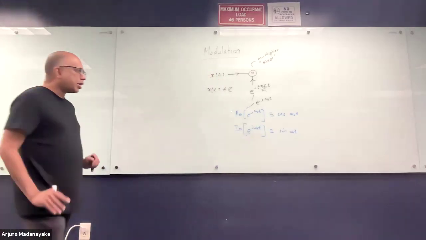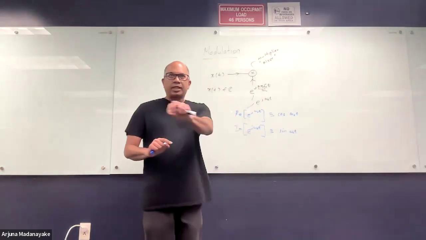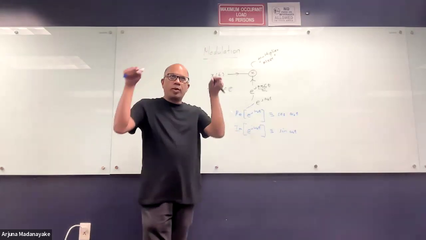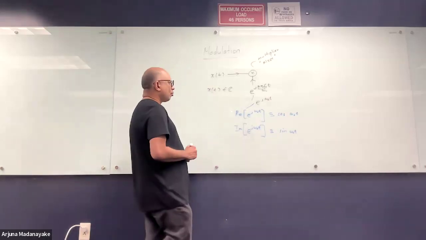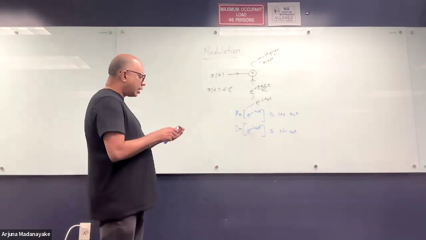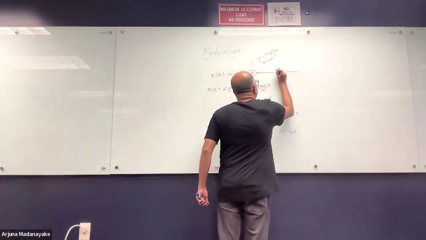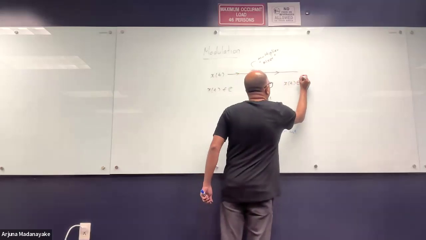So in standard mathematical notation, capital R, small e, square bracket means extract the real part. Capital I, small m, square bracket means extract the imaginary part. So we get this compound signal coming out. This is now the modulated signal. We can write it as x of t e to the j 2 pi f0 t.